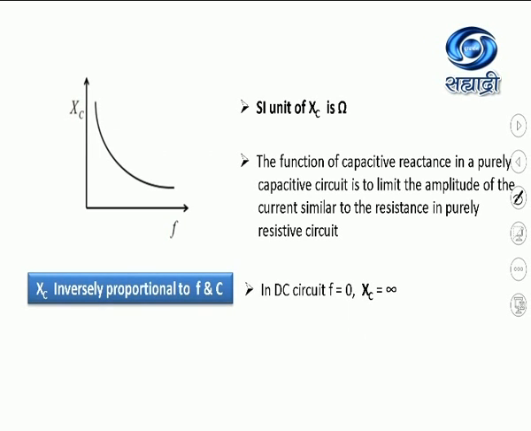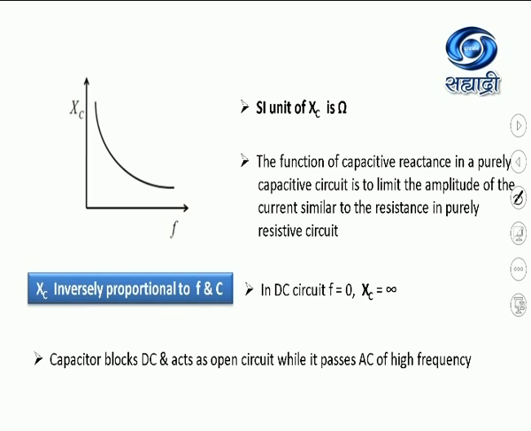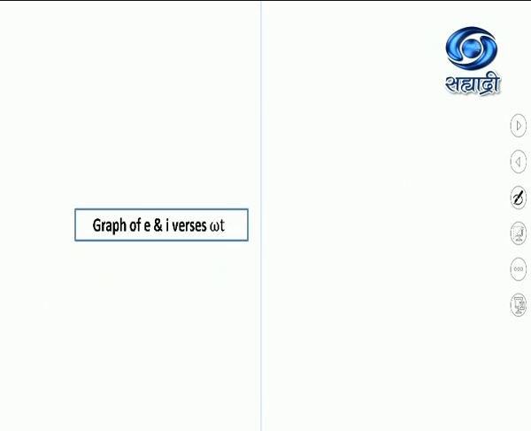In a DC circuit, frequency is 0 because it is not an alternating current, it is a direct current, so frequency is 0 and that's why Xc is equal to infinity. Capacitor blocks DC and acts as an open circuit, while it passes AC of high frequency.